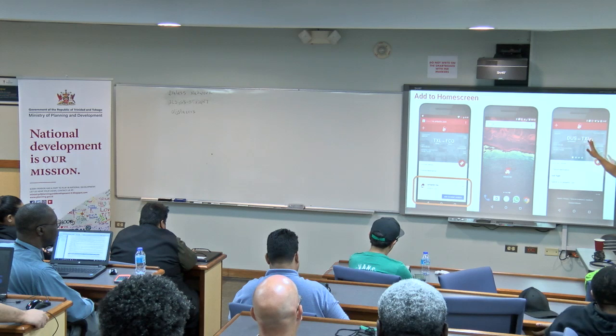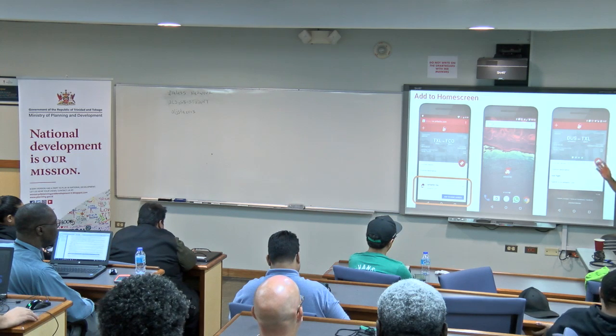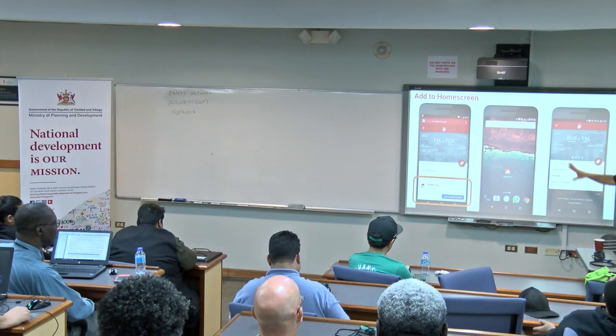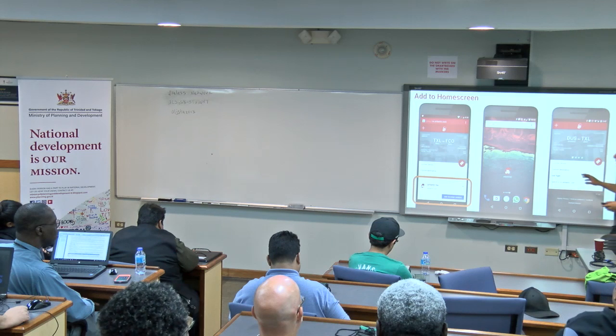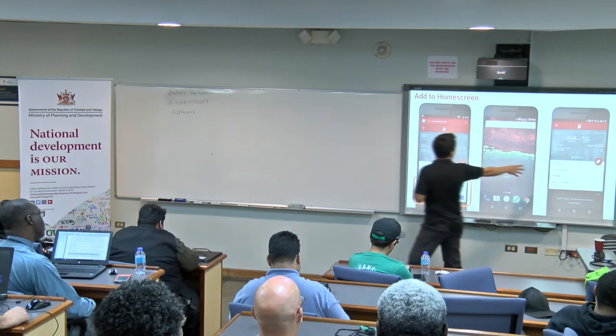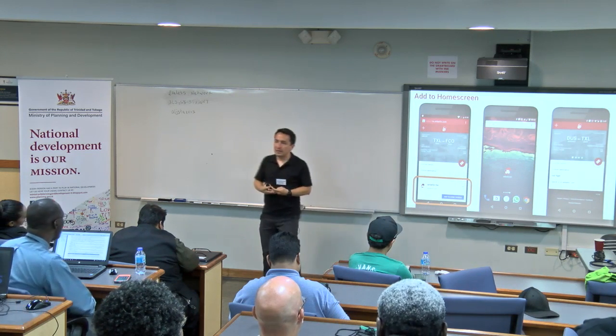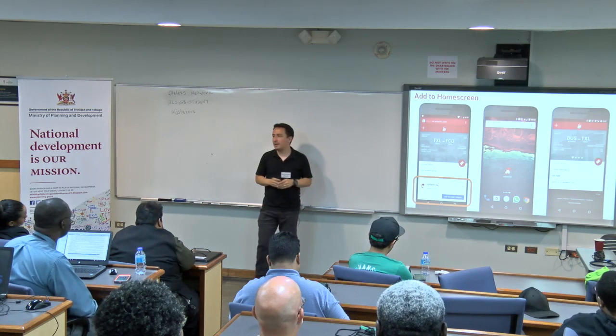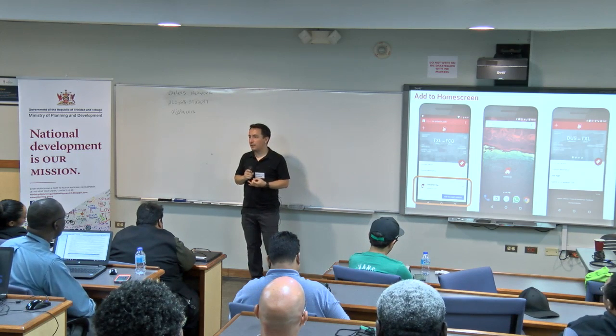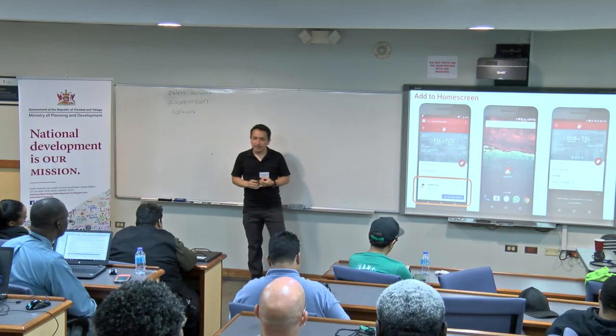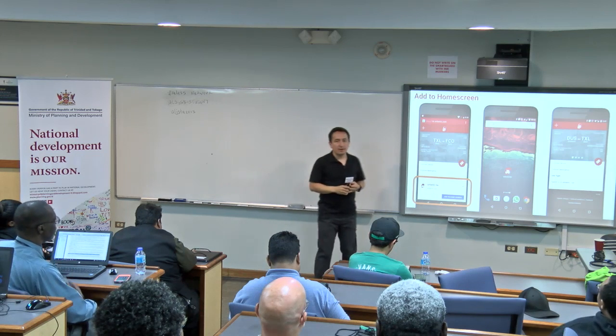You cannot leave this to go to google.com or Facebook; you would have to go to the browser. This is no longer the browser. It's just the progressive web app. And if you see that in your mobile phone, you will not know if it's a native app or if it's a web app.